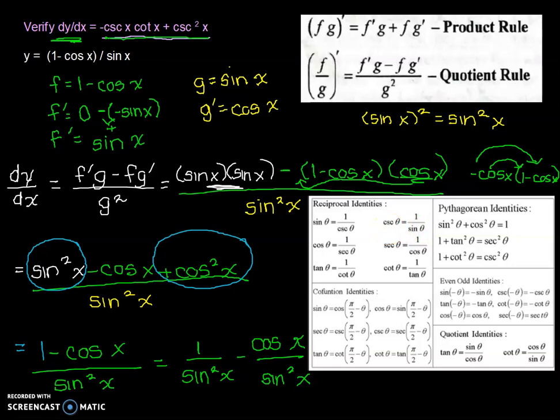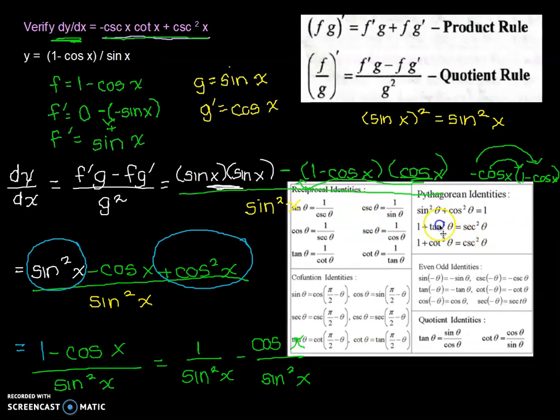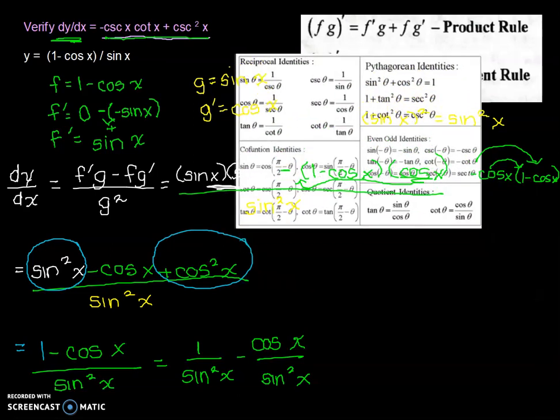If I square each side, and with identities you can modify them just as long as you keep it balanced, that tells me cosecant squared equals 1 squared over sine squared, and 1 squared is just 1. To square a fraction, you square each one individually. So cosecant squared equals 1 over sine squared. Because of that, I am going to change this first term, 1 over sine squared, to cosecant squared.